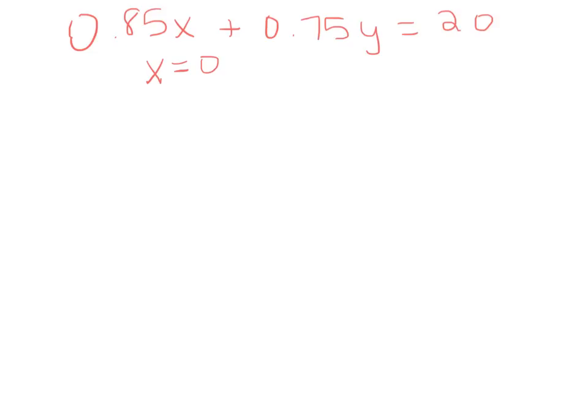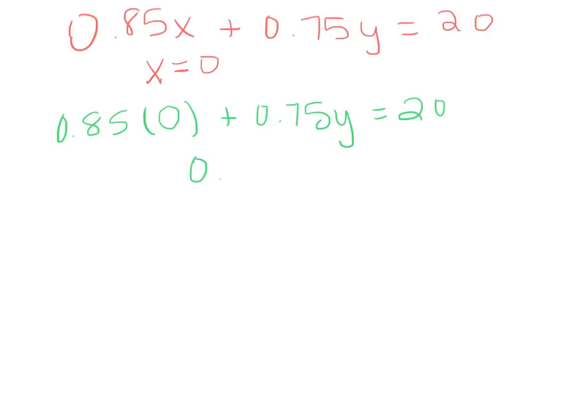We get 0.85 times 0, because x is 0, plus 0.75y equal to 20. This right here is just a big fat nothing, and we are left with 0.75y equal to 20. In order to get y alone, we need to divide by 0.75 on both sides.